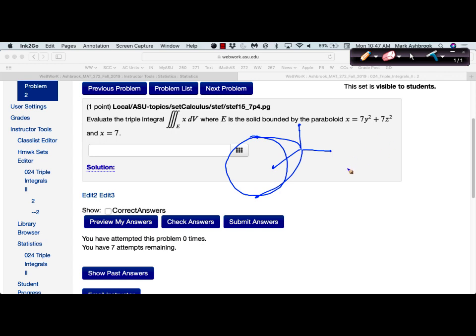And where I drew that circle, here's the x-axis, is the plane x equals 7. So maybe this is 7 right here.